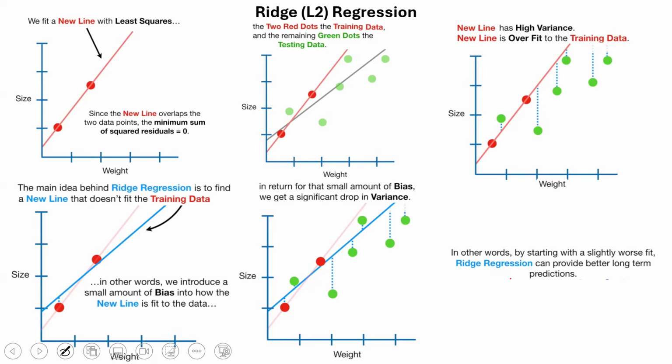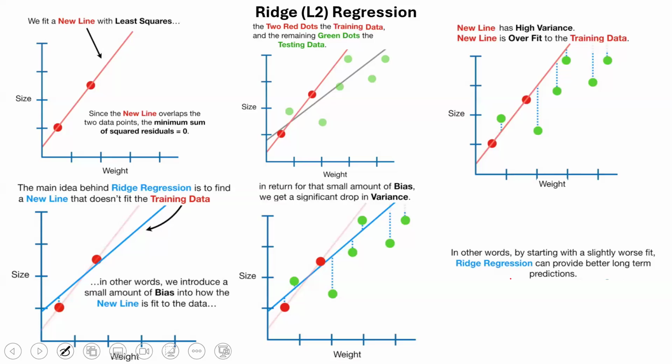So this is what L2 regression is. L2 norm or ridge regression, whatever it is, this is called ridge regression. Let's understand the main idea behind this ridge regression and how this L2 norm will help us avoid running into that singular matrix.